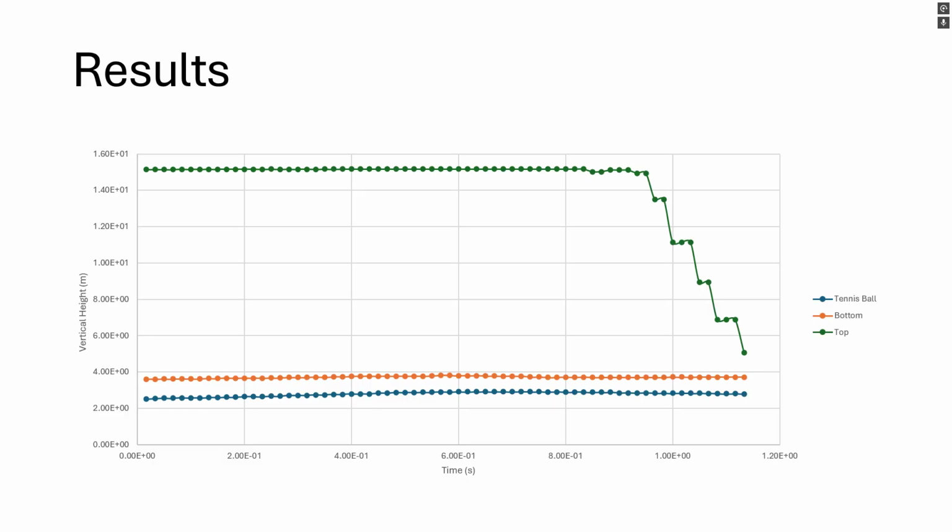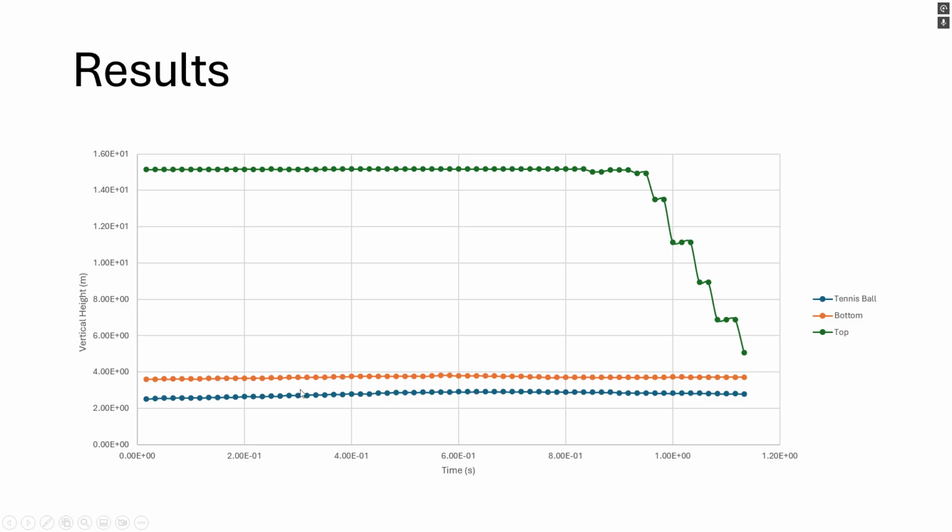So here I have compiled a graph which will show you this green line, which is the vertical position of the top of the slinky in meters above the ground, compared with the vertical position in meters of the bottom of the slinky and the tennis ball as time goes on.